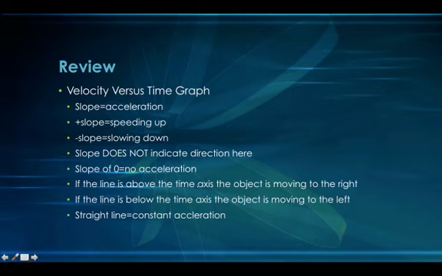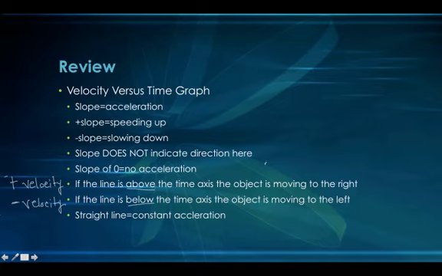So if you are above the time axis, that means you have a positive velocity. If you are below the time axis, that means you have a negative velocity. Okay, that is what indicates your direction here. So if you're above the time axis, the object is moving to the right. If you're below the time axis, the object is moving to the left.